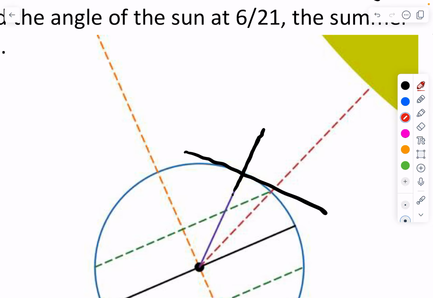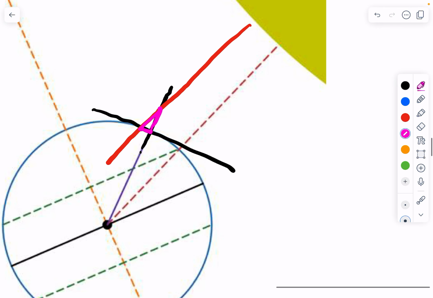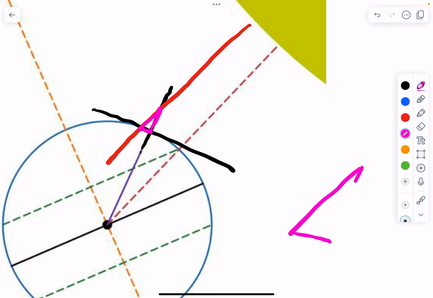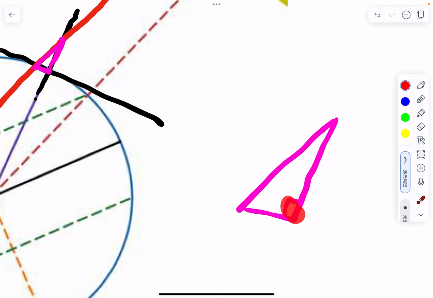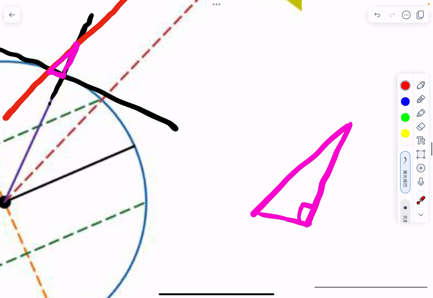But the strategy is the same. We construct a parallel ray that looks something like this. And then we focus on this triangle that I again will magnify. Again, this is a right angle, right? This part is a right angle because a person standing on the ground is going to be perpendicular to the ground.